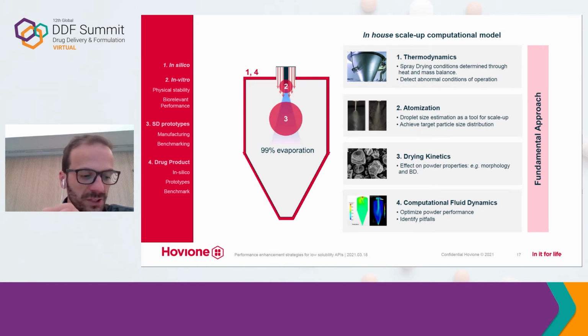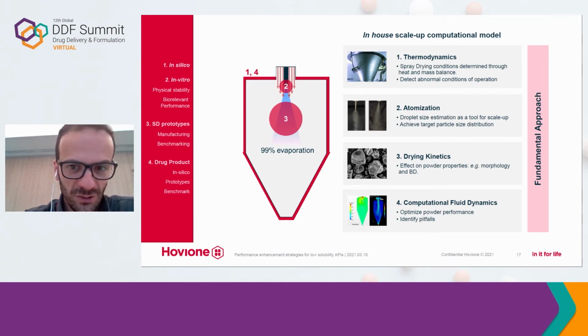Secondly, we have an atomization model that relates feed solution properties, atomization system, and process conditions with droplet size. The droplet to particle ratio is a scale-independent correlation, and therefore this can be used for a seamless scale-up between small, large, and medium-scale units.